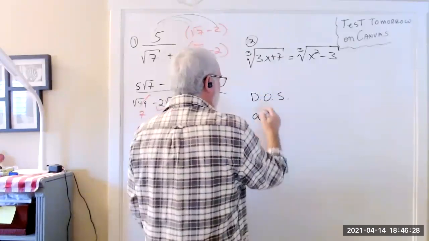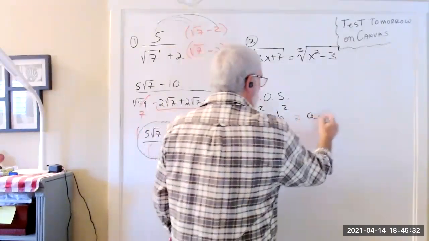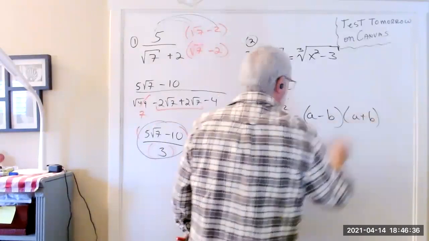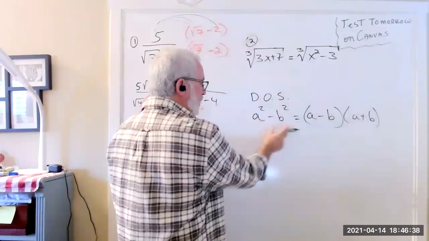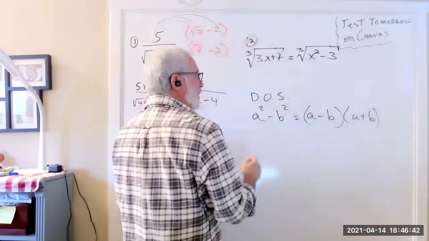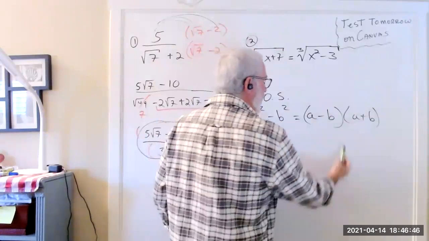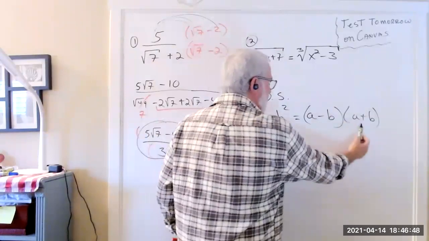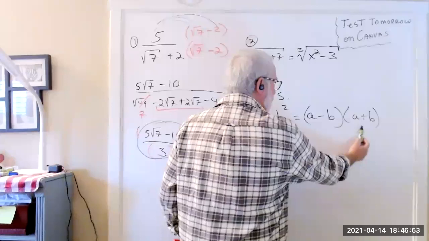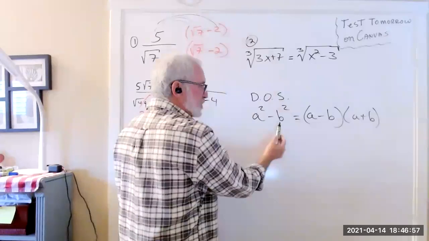If you had a squared minus b squared, it was a minus b times a plus b. It always broke up that way. Well, we're going backwards. We're saying if it's a minus b times a plus b, it will turn into the first number squared minus the second number squared, and there'll be nothing in the middle.